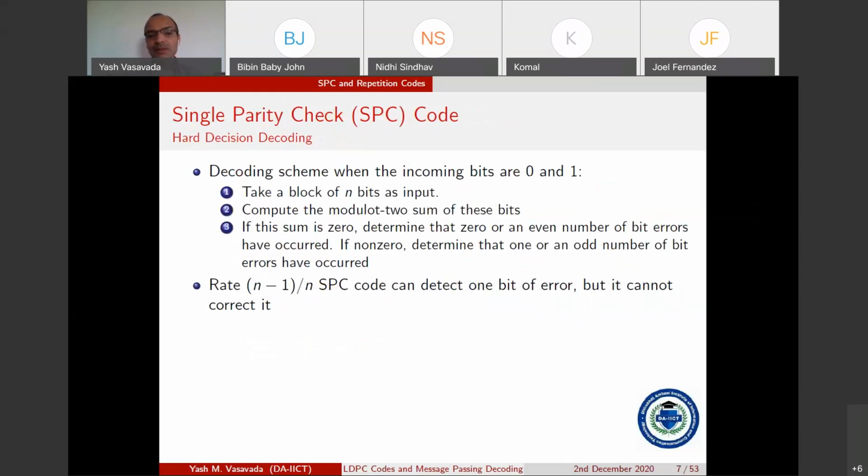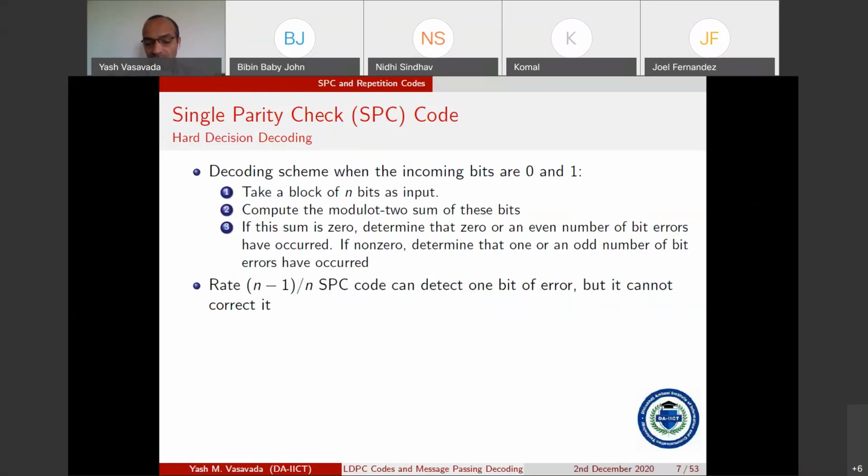Okay, so this particular decoder is very, very simple. All you do is take these 4 bits, add them up, and if that added value is 0, then you are happy. You say that the bits received are without error. If the added bits have the answer 1, then you say that some error has happened.